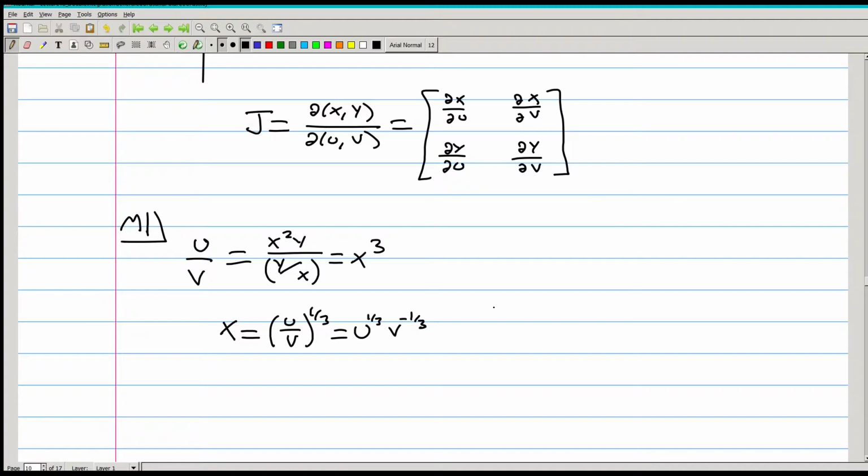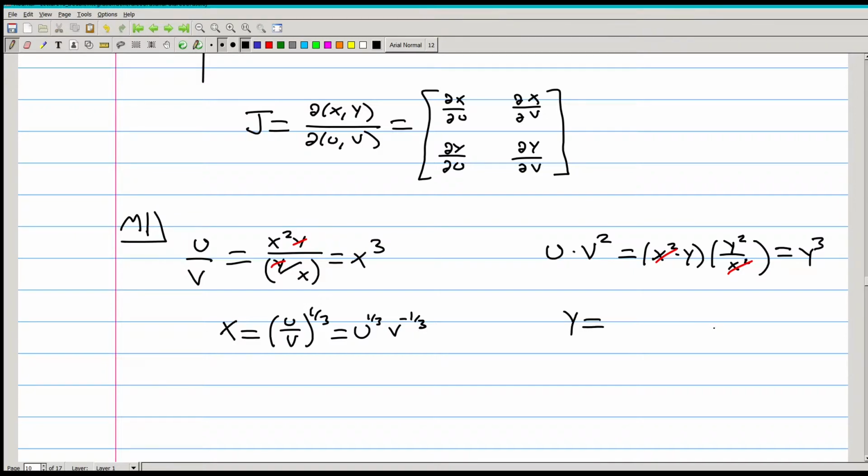And likewise, if we multiply u by v squared, we're going to end up getting x squared times y times y squared over x squared. In the first case, the y cancels out. In this case, the x squared is going to cancel out, and we'll get that u times v squared is equal to y cubed.